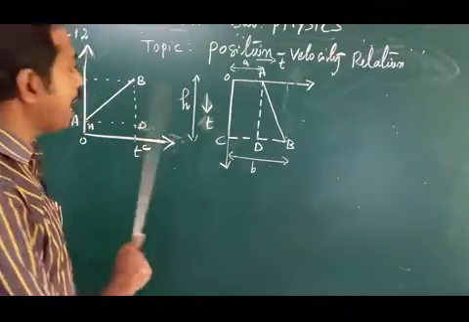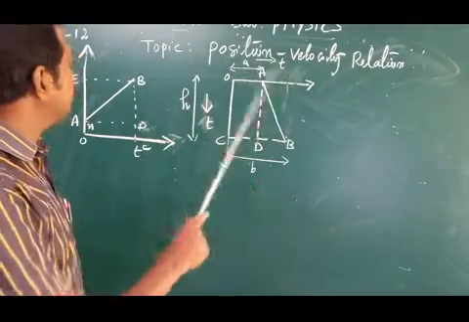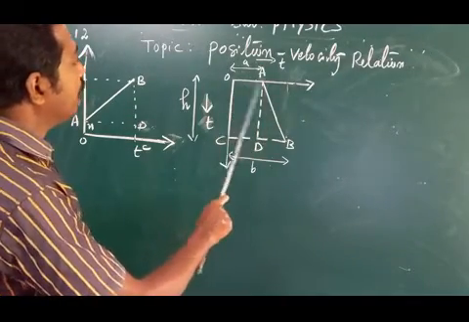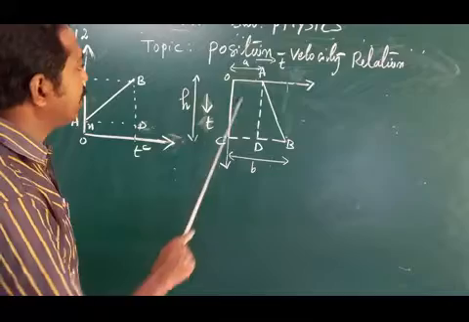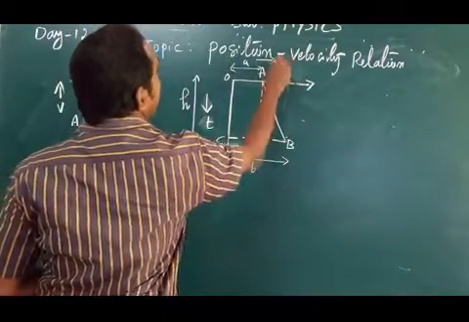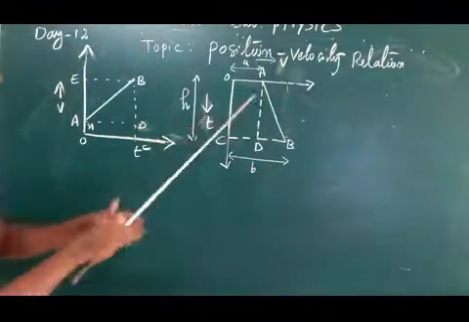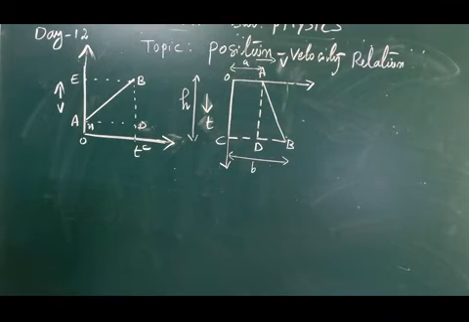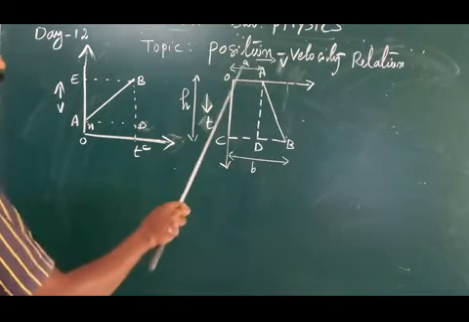So we have the same graph only, but it is turned, so here we have the time axis, and this one is the velocity axis. So this is the time axis, this is the velocity axis.